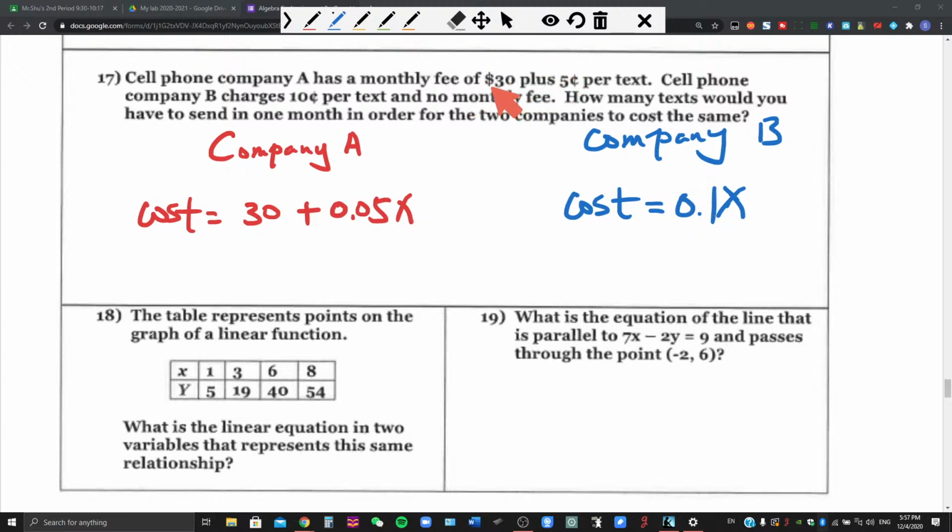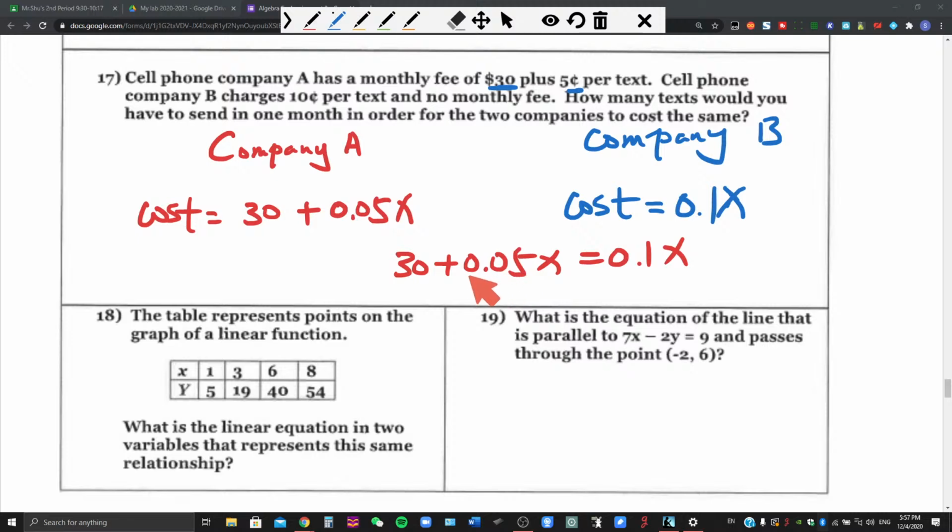There's a tricky part about the $30 and the cents. You have to make sure you're using either dollars or just cents. And the question is, for the two companies to cost the same, that means the red is equal to the blue. So 30 plus 0.05x equals 0.1x. And we need to solve this.